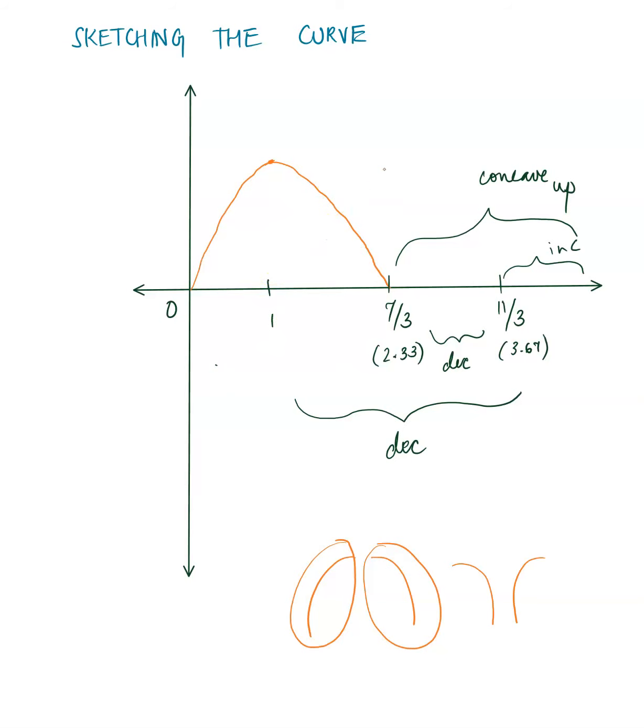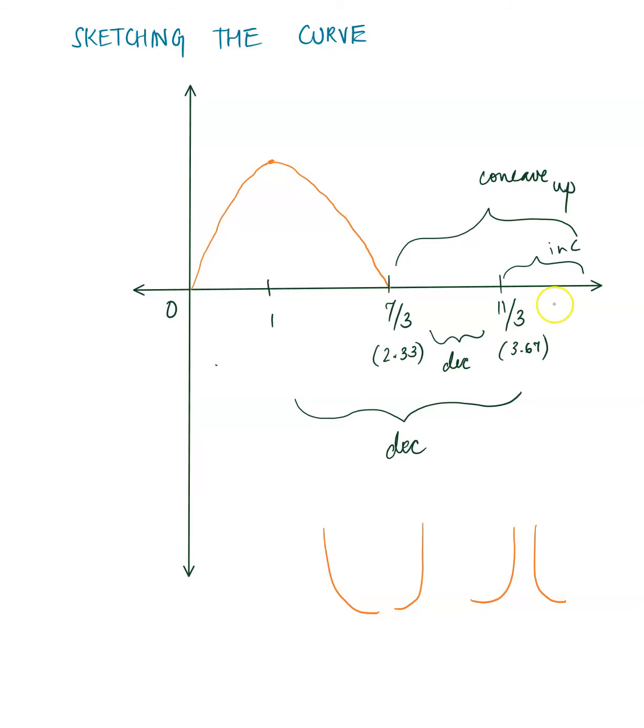Okay, good. Next we have concave up. Concave up. So it has to look like this, or it has to look like this. Concave up, first it's decreasing, so it has to fall, and then it has to increase. But it's concave up throughout.